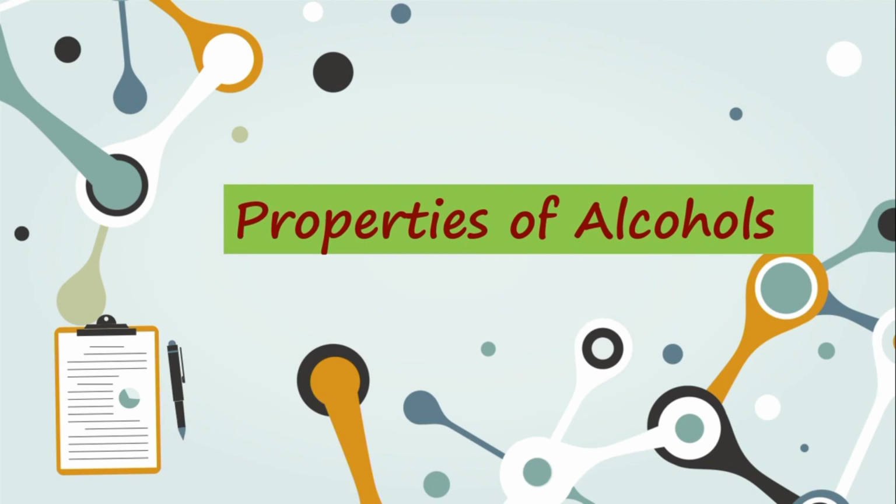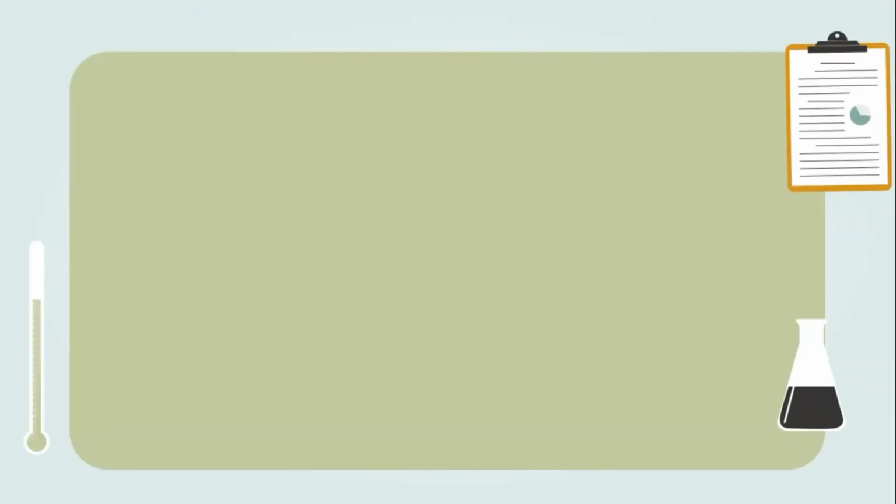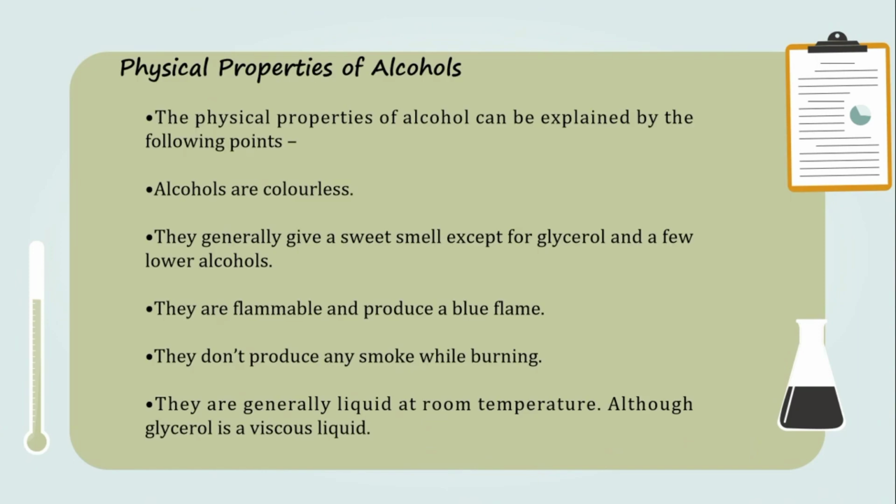Next we have the properties of alcohols. The properties of alcohols are of two kinds: physical properties and chemical properties. Let's go first into the physical properties of alcohols.